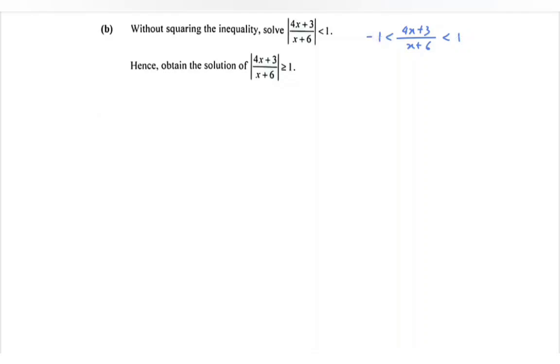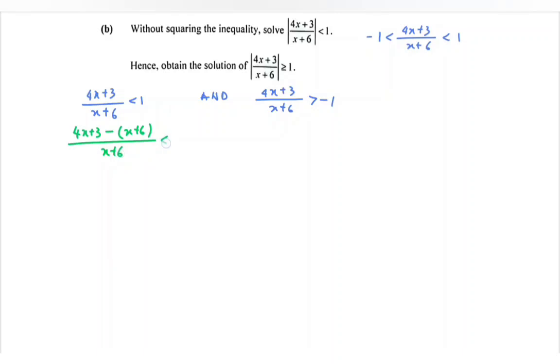Kindly split the situation. So here we have (4x + 3)/(x + 6) less than 1. 'And' case, we have (4x + 3)/(x + 6) greater than negative 1. Focus on the left hand side, we have the inequalities. So we have 4x + 3 minus, multiply with the denominator, or we can say equalize the denominator.